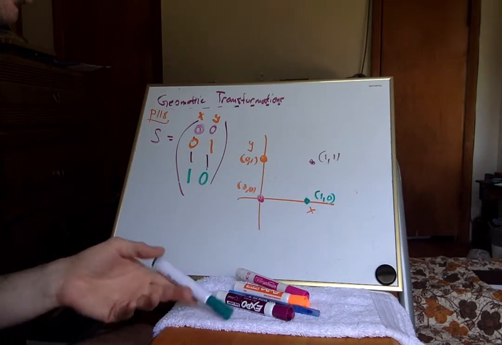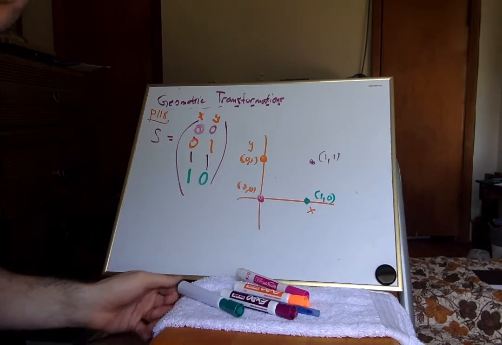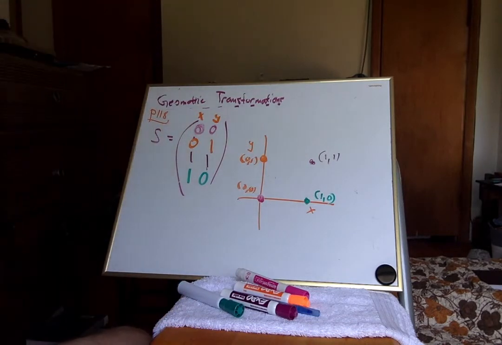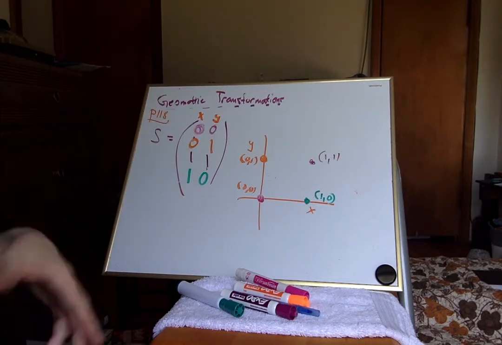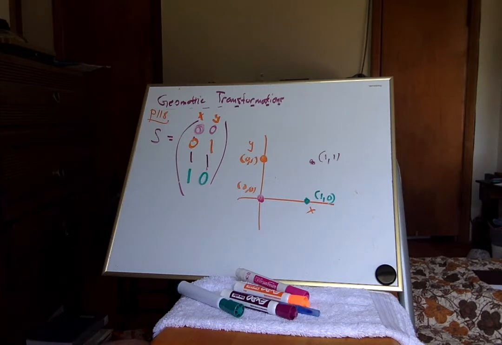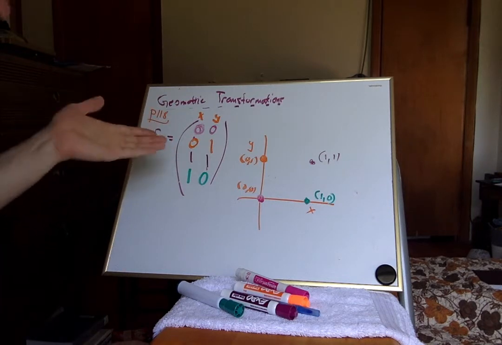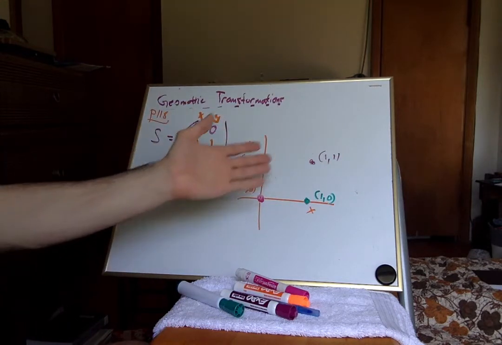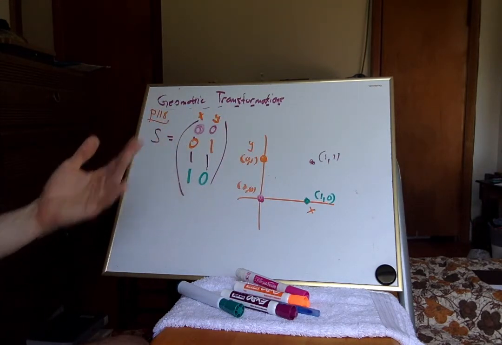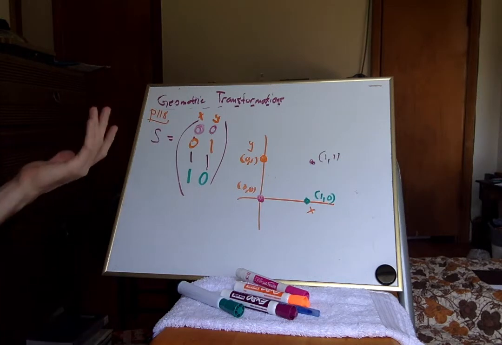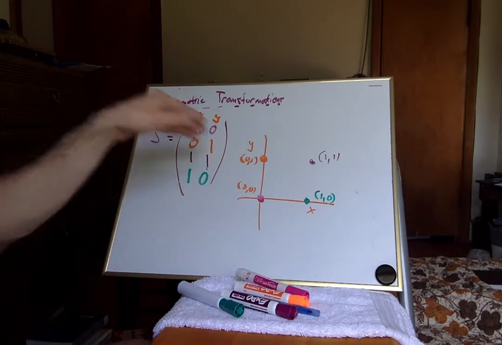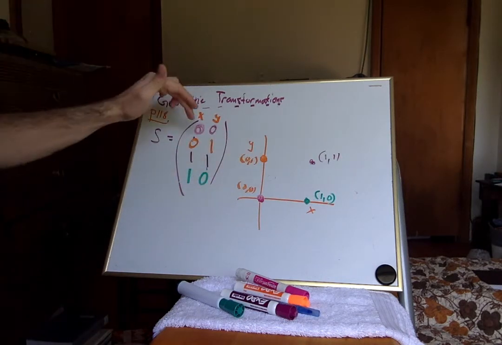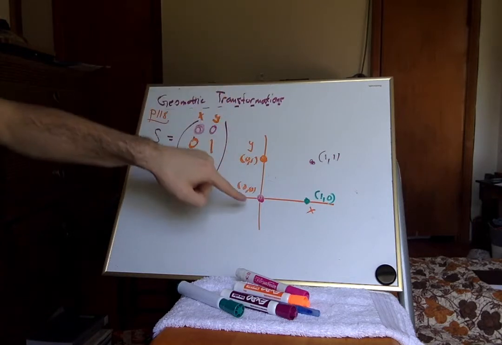Now, you might ask yourself, and this is what I mean by beyond the scope of the course, why do these points here correspond to this matrix? You can see that I can write 0, 0, and then it goes down here.